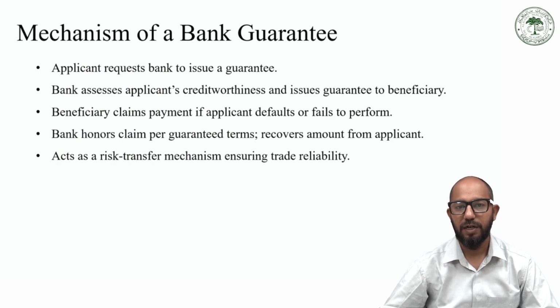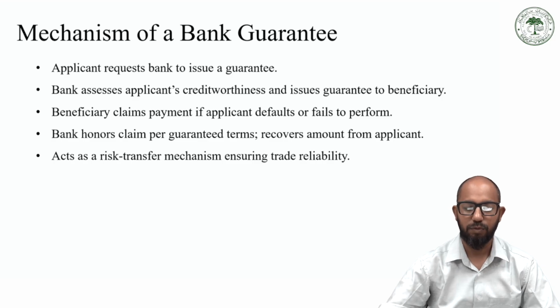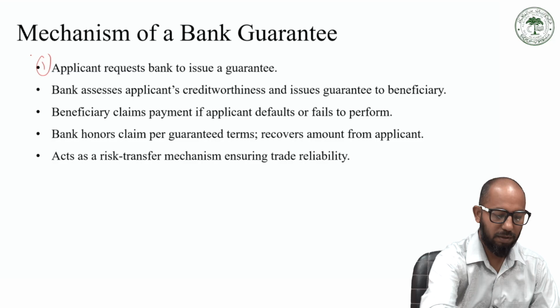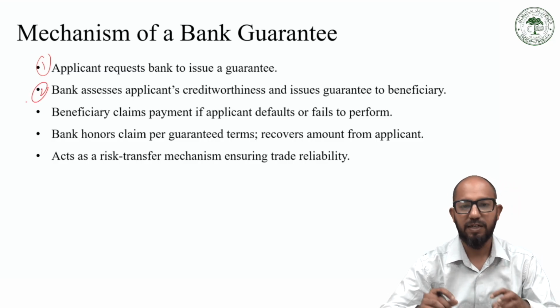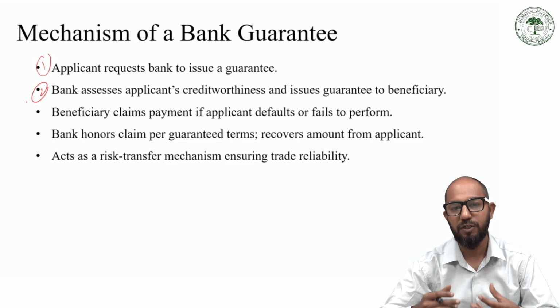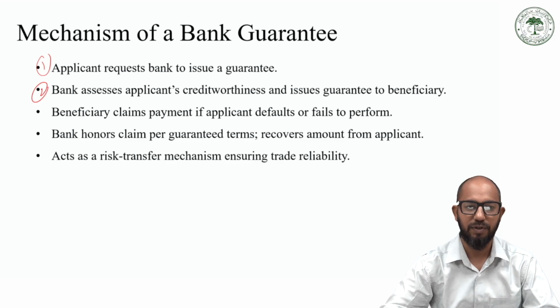Dear students, let us now try to discuss the mechanism of a bank guarantee. The bank guarantee mechanism is the due process which needs to be followed to successfully complete the bank guarantee scheme. In it, the applicant requests the bank to issue a guarantee, after which the bank assesses the applicant's creditworthiness and issues the guarantee to the beneficiary.